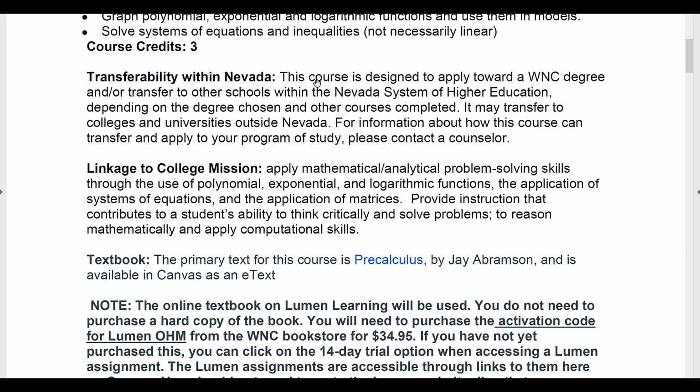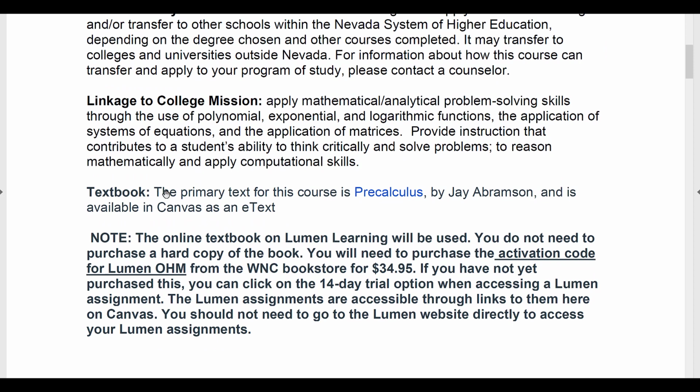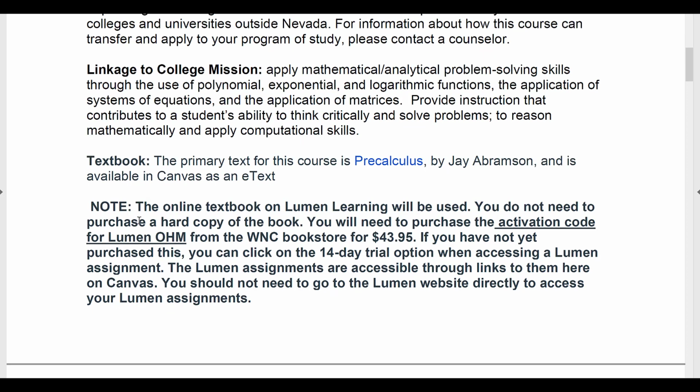So the book for this class, it's all within Lumen. The text is Pre-Calculus by J. Abramson. It's available in Canvas and as an e-text. So the online textbook on Lumen Learning will be used. You do not need to purchase a hard copy of the book.